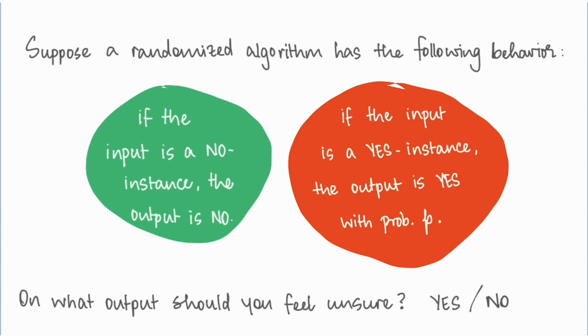In one of the cases, if the output is X, then you don't have to worry. You can conclude that the algorithm has done its job correctly. For the other output, though, you do have to be a little bit concerned about whether something was amiss. So again, pause here to think about what the correct answer should be, and we'll discuss this in just a moment.